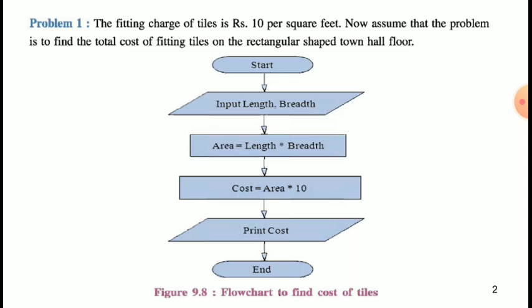So first is start and last is ending. The second symbol is input, length and breadth, and next is the process, area equals length into breadth and cost equals area into 10. And then again the parallelogram, that means output, print cost, and end of the flowchart.